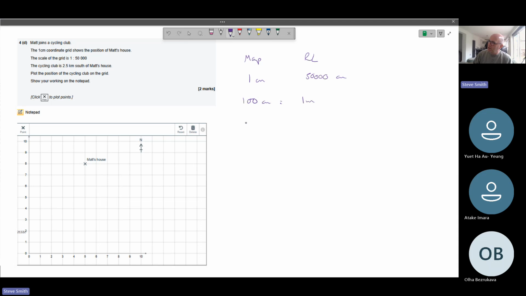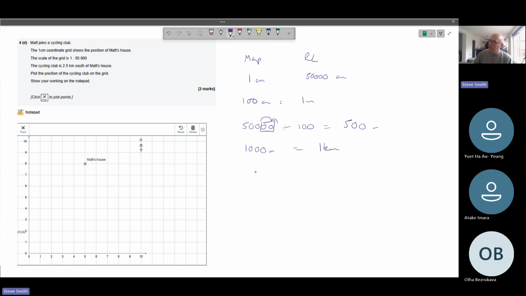So we're going to divide 50,000 by 100 to get meters. To divide by 100, we just take off 2 zeros. We bounce the decimal place in 2 places. That means that is 500 meters. And then once we've got meters, we know again that 1,000 meters equals 1 kilometer.